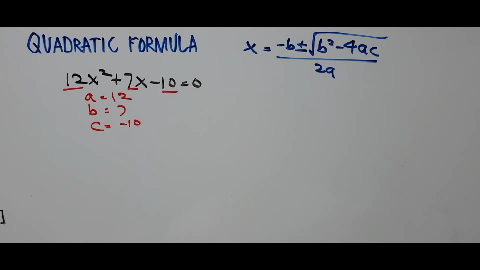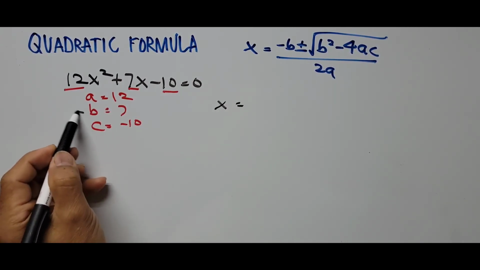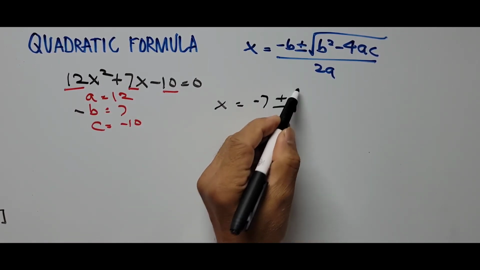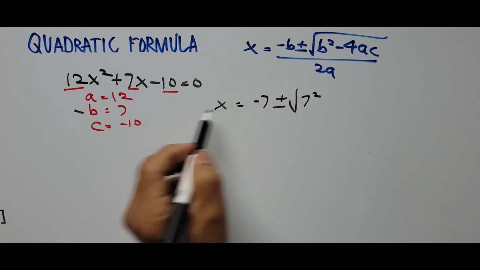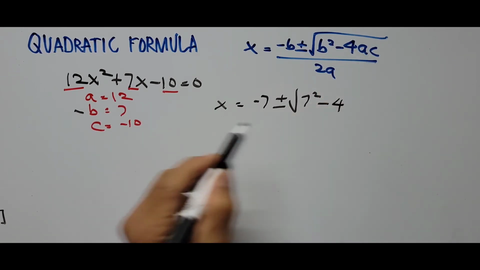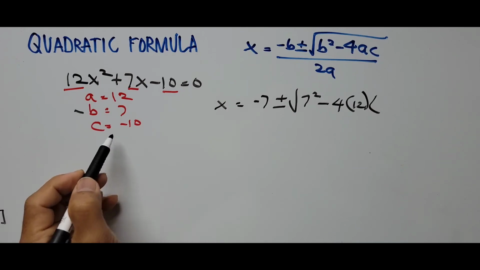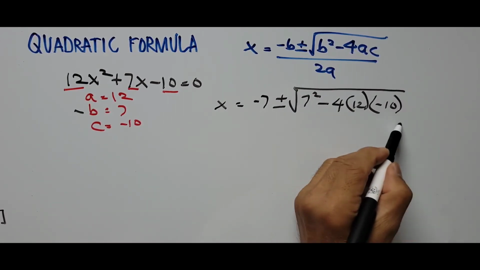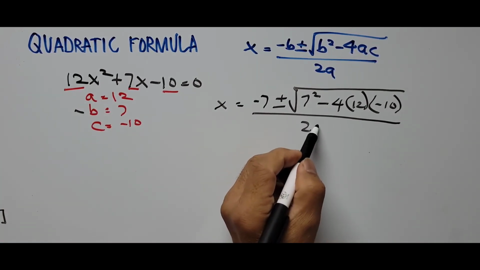So in here, x is equal to minus b, 7 is -7, plus or minus the square root of b squared, 7 squared, minus 4ac, where a is 12 and c is -10, all over 2a, which is 2 times 12.